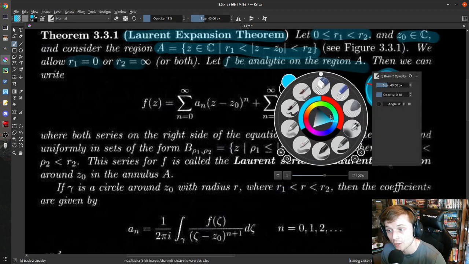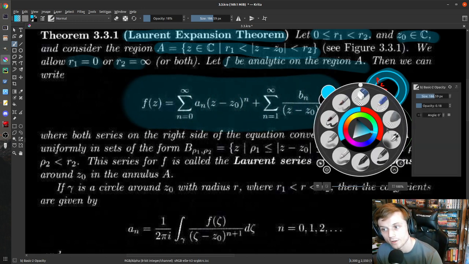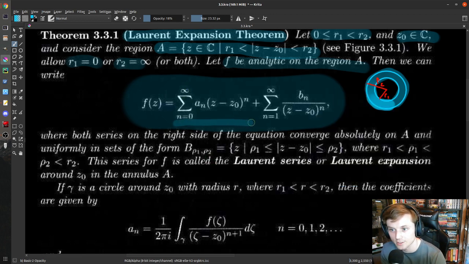If you have a function that's analytic on these regions, here's what the Laurent expansion theorem claims. It claims that you can write f of z as a sum of two series. One of them looks like a good old-fashioned power series right here. The other one looks like a good old-fashioned power series, except now the (z minus z0) to the n piece is in the denominator. It's just like a power series, but flipped over into the bottom of a fraction, right?